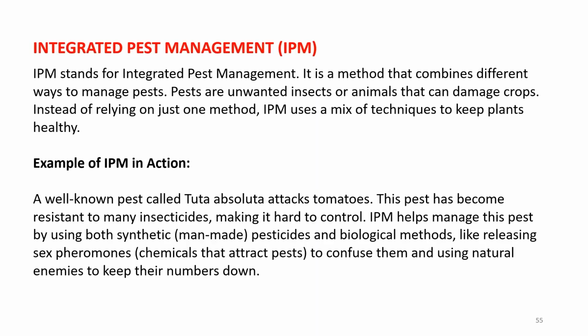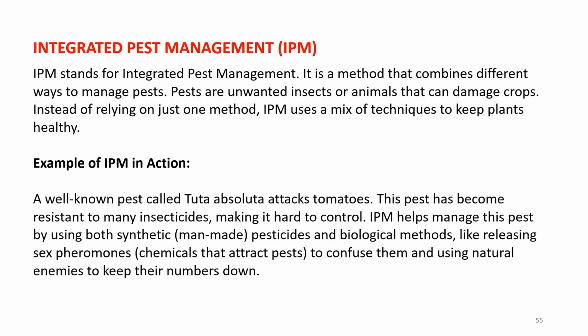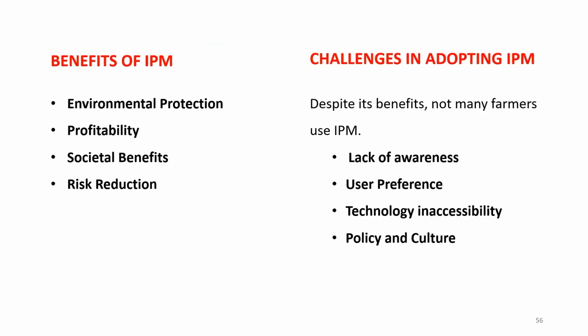So, let us once again revisit the concept of integrated pest management that combines different ways to manage pests, which are unwanted insects or animals or microorganisms that can damage crops. Instead of relying on just one method, IPM uses a mix of techniques to keep plants healthy. So, we use all the different kinds of pest control methods available in IPM.